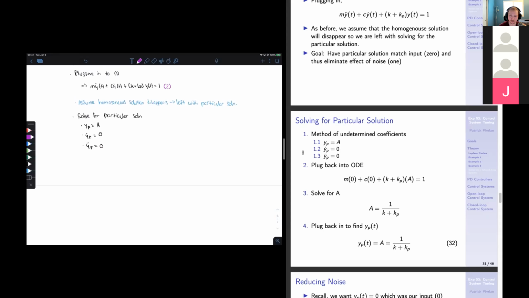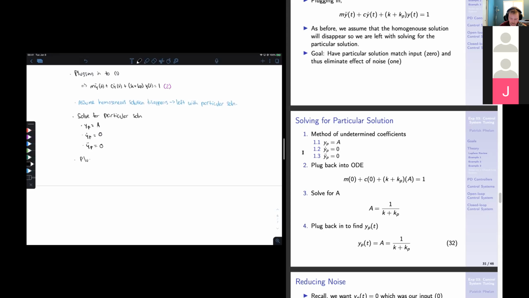Now we're going to plug y sub p, y dot of p, and y double dot of p back into equation 2, and then we can solve for a.